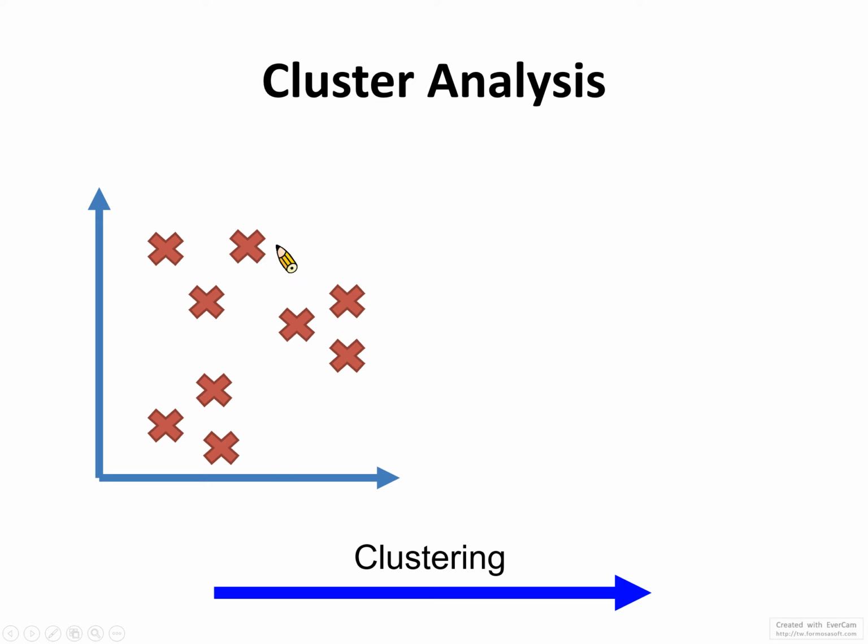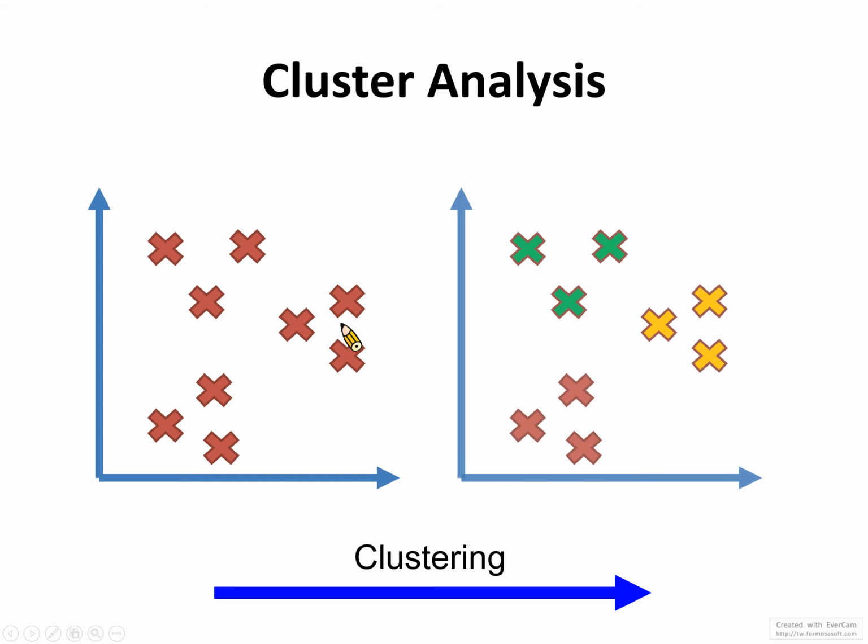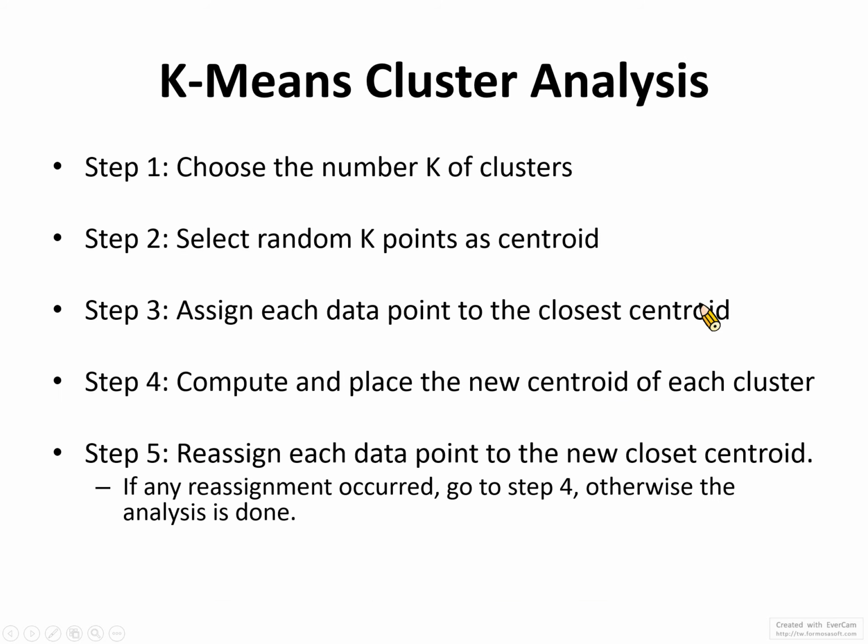But we want to develop an algorithm that can do this kind of job automatically, and we will derive results like this one. So we have 1, 2, 3 clusters, and that is the algorithm we want to develop. Okay, so let's move right into the K-means cluster analysis.